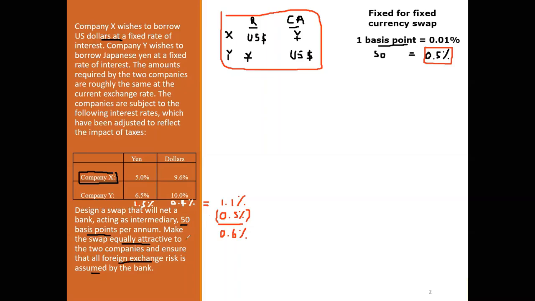And also in the question, if you look here, it says we need to make the swap equally attractive for both X and Y. If you need to make it equally attractive, what do we have to do?